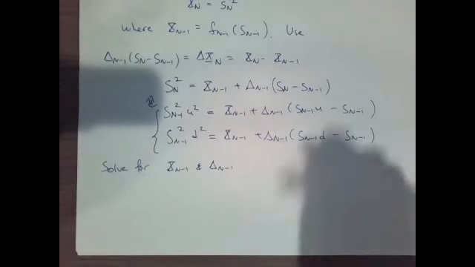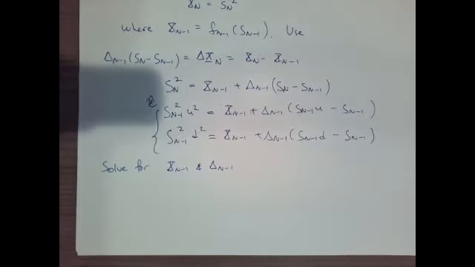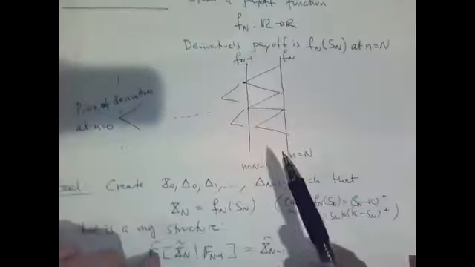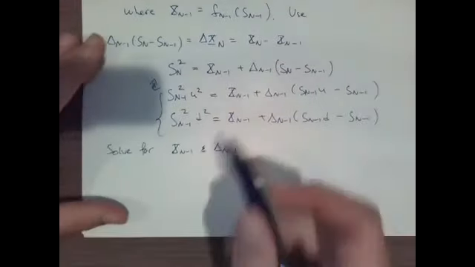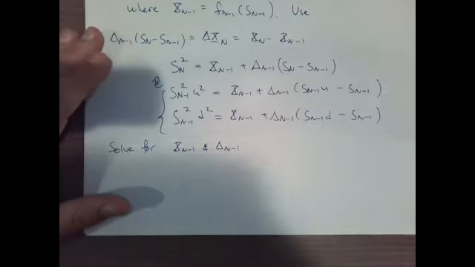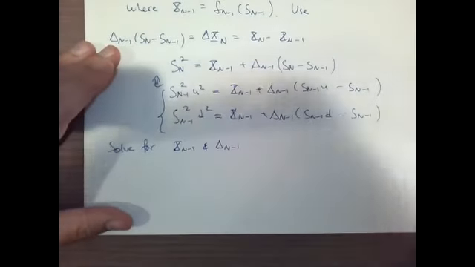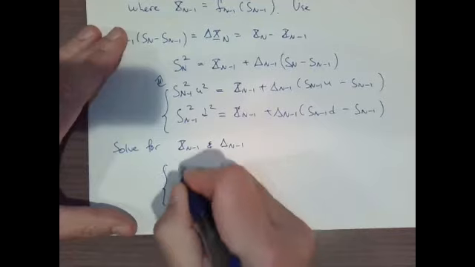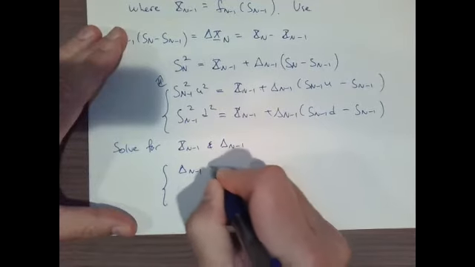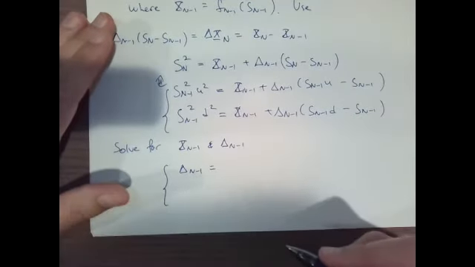Now we're sitting out here at the end of the picture, and we're just going one period to the left. Sitting out here, we have two equations and two unknowns. We solve them. Given my ability to do this, let me write down what my solution is. This is delta n minus 1.